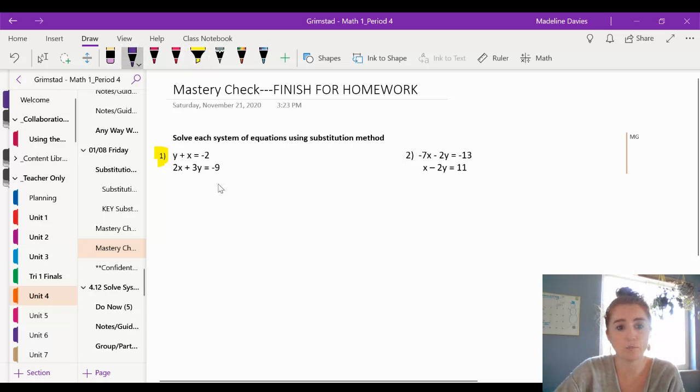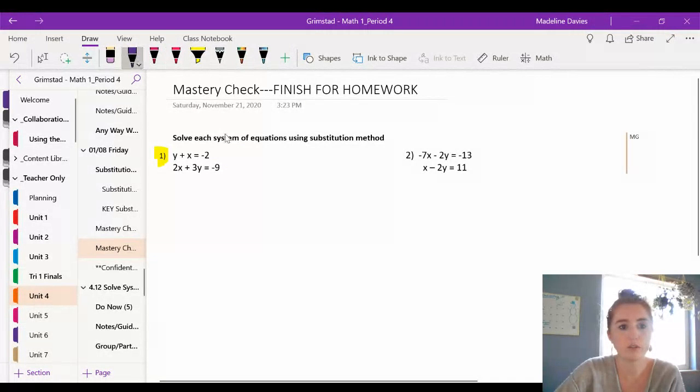When we're looking at this, the first thing I need to notice again is that in order to do substitution, I need to have something in this form, y equals mx plus b, because that's the only way I can substitute in something for y. So let's go over that and see how that makes sense.